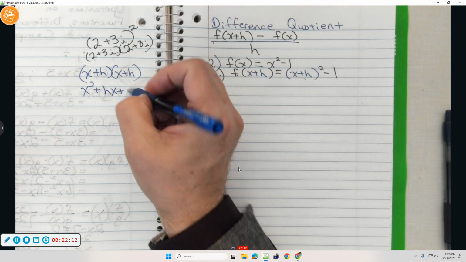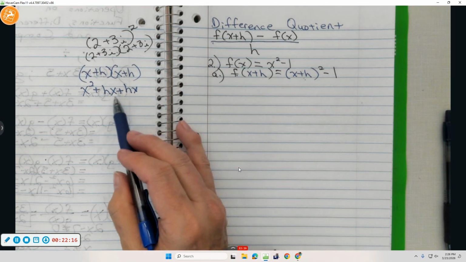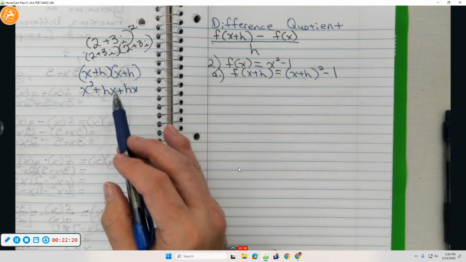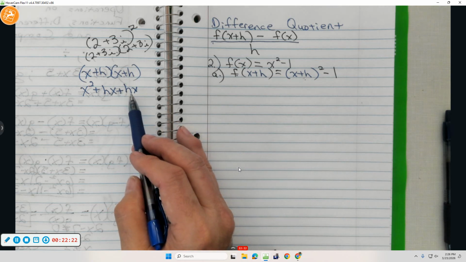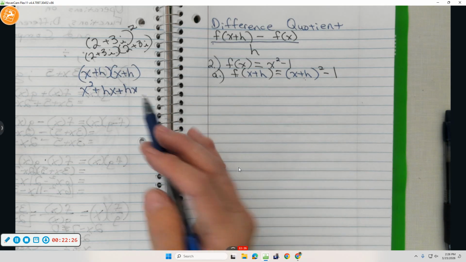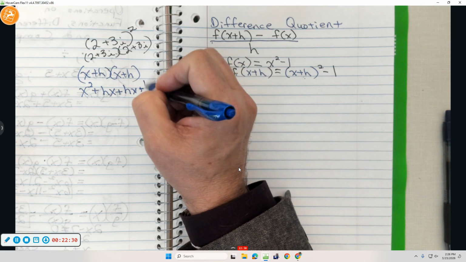Another hx. That's why I write them in alphabetical order, because now we can easily spot those are like terms. They can be combined. If you had this as an xh and that as an hx, you might not realize they could be combined. Plus last, h squared.